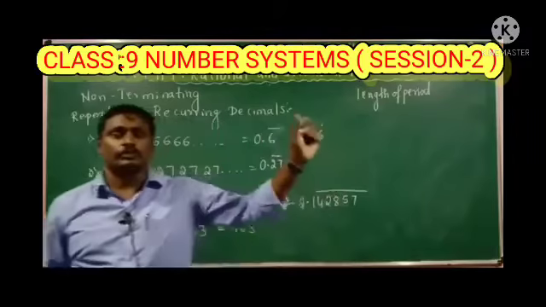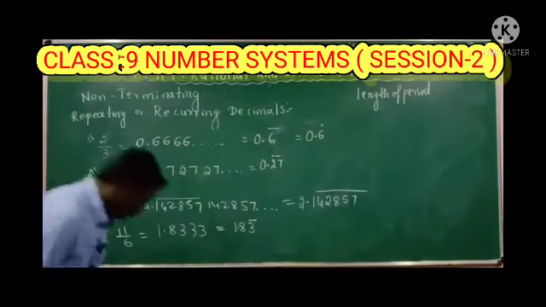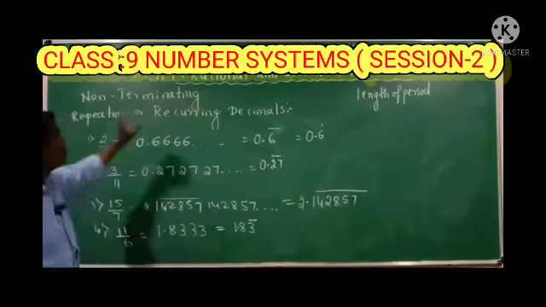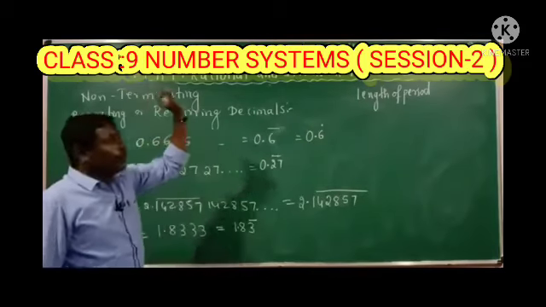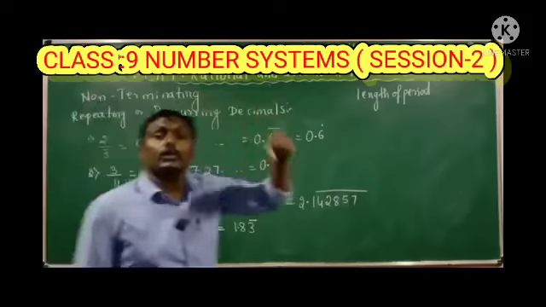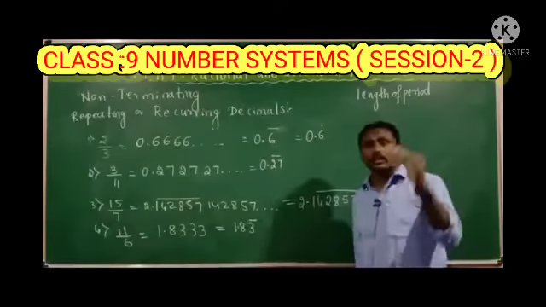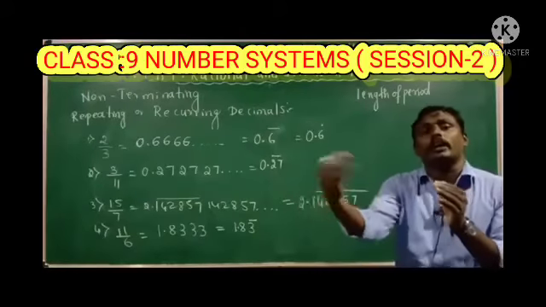The repeated numbers in decimal expansions are called recurrings, periods, or circulating decimal numbers. Circulating means the same number comes again and again.